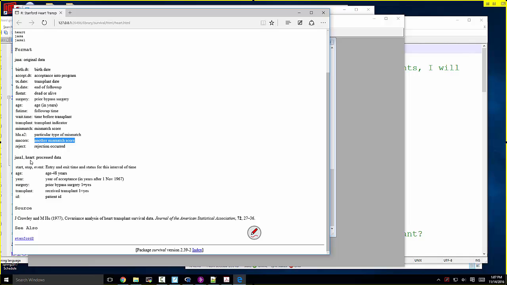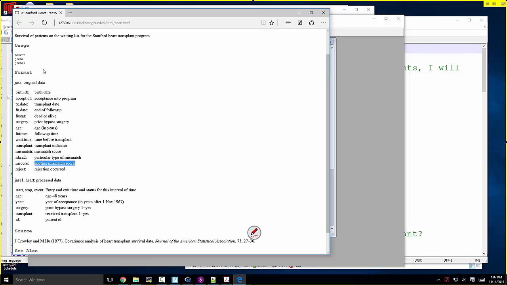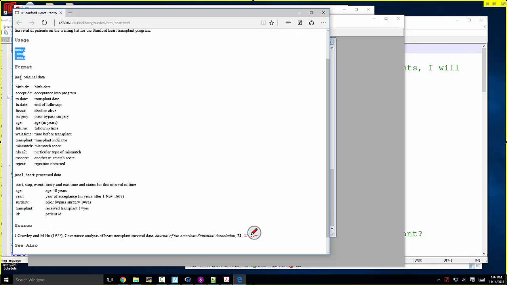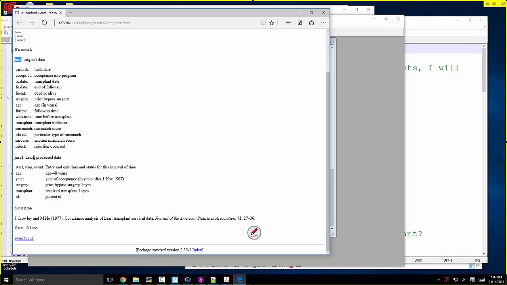Actually, we have just the heart data. These data are here in multiple formats, which is a little confusing. So there's one format that is, I guess, less processed, and there's a couple of formats that are more processed. And the heart data set that I'm going to play with right now is the more processed version.